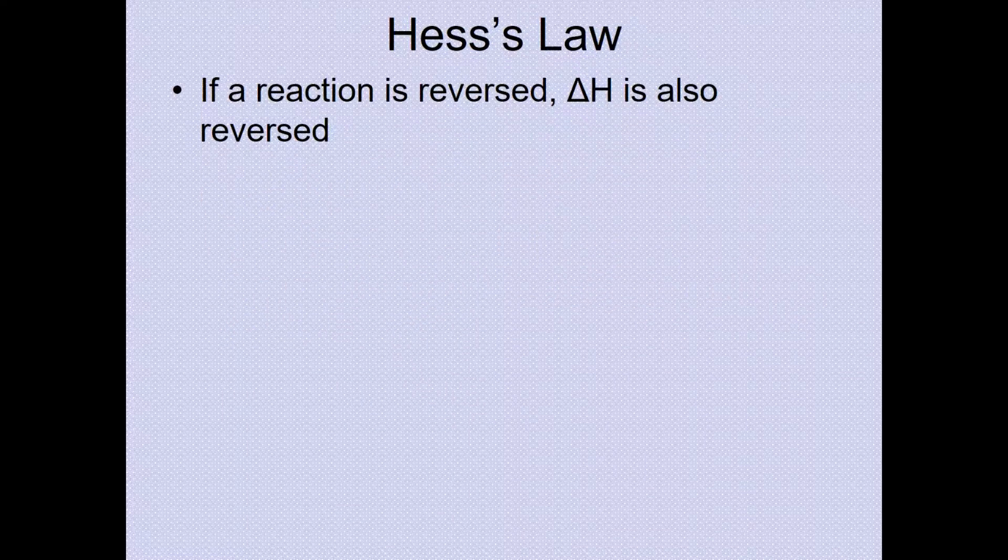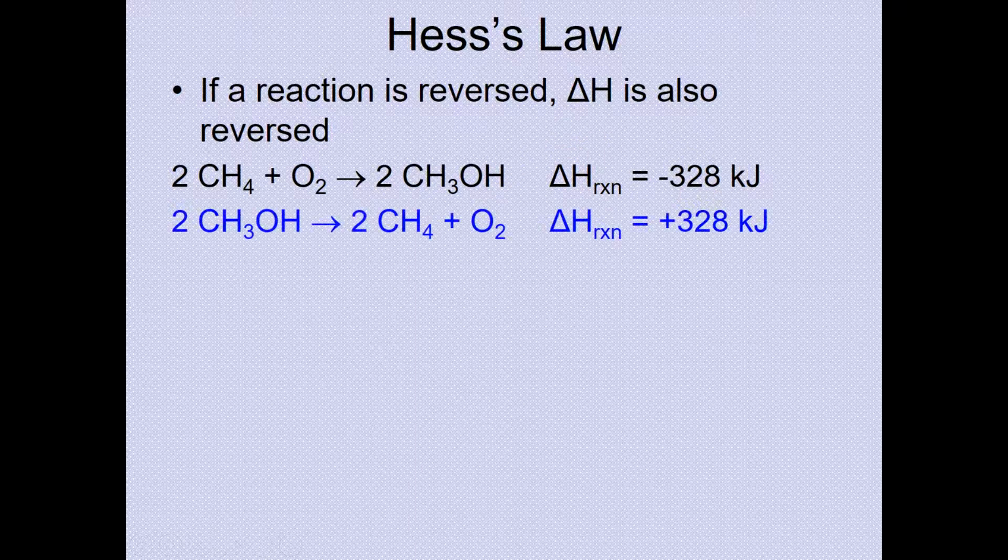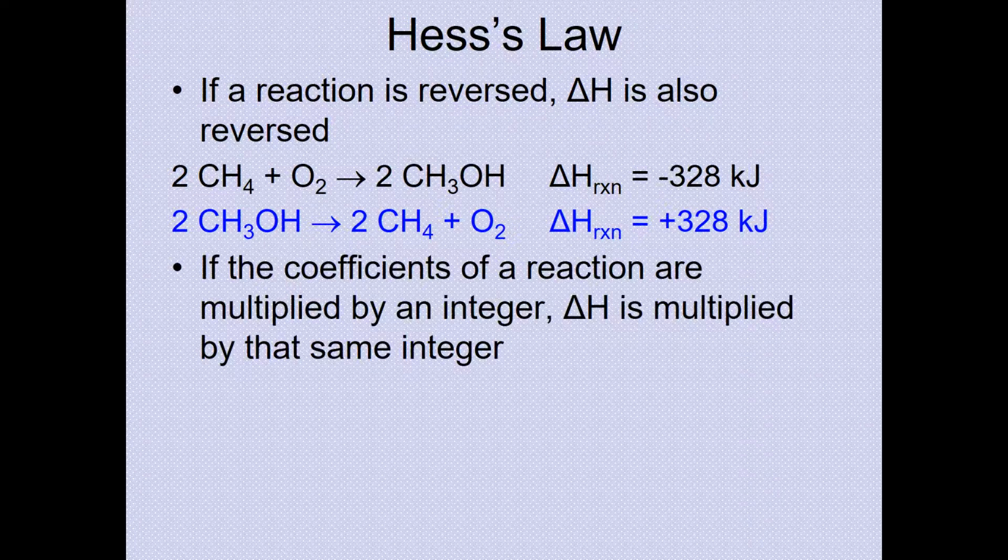So if a reaction is reversed, remember the delta H is also reversed. So if we have our 2CH4 plus O2 producing 2CH3OH with a delta H of negative 328, if we reverse our reaction, it becomes positive, just like you saw before.